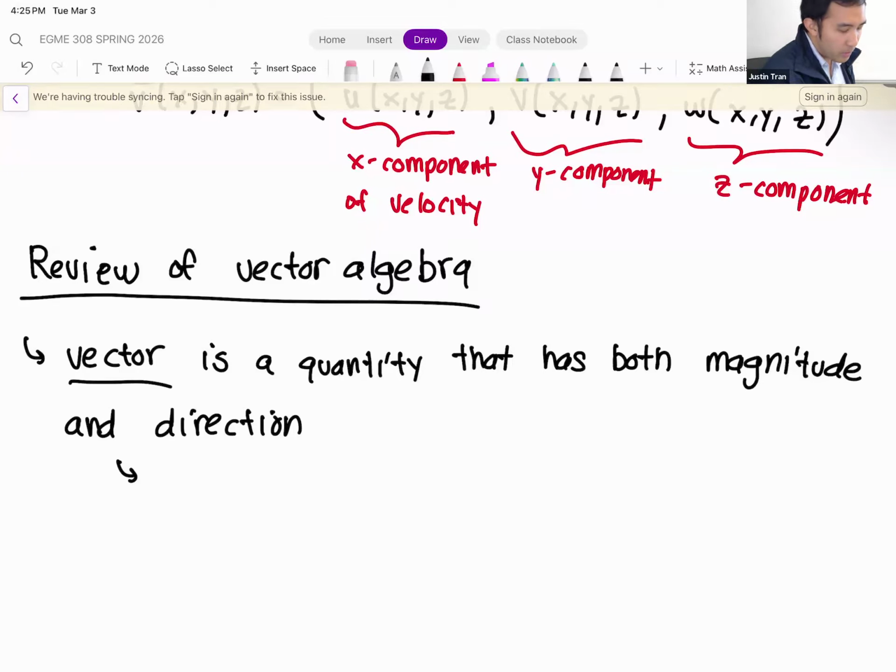Like I mentioned before, the most convenient way to refer to a vector is through its components.